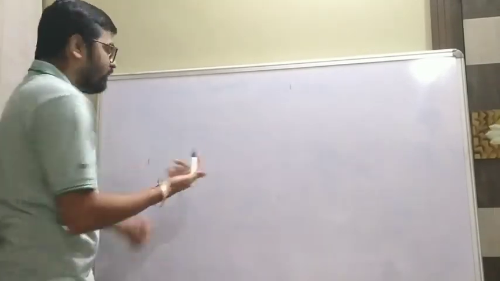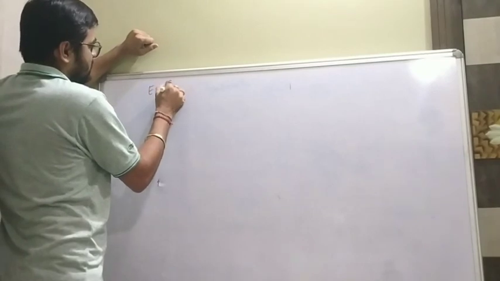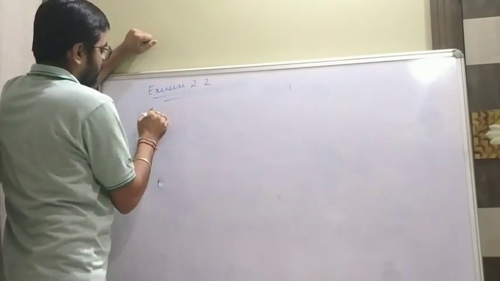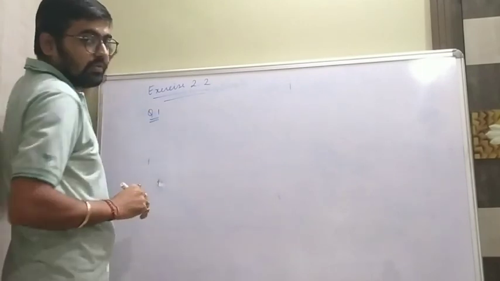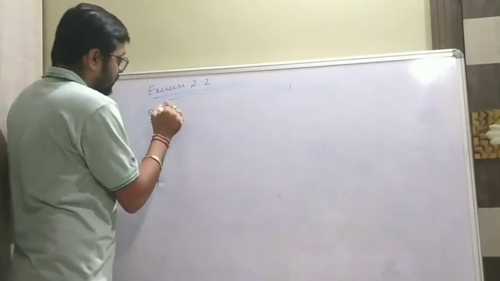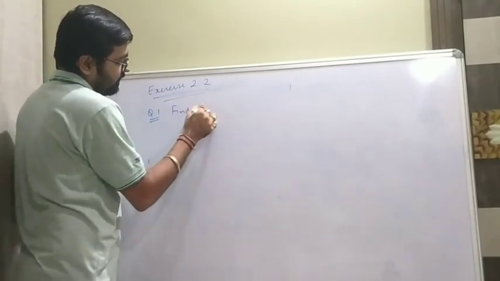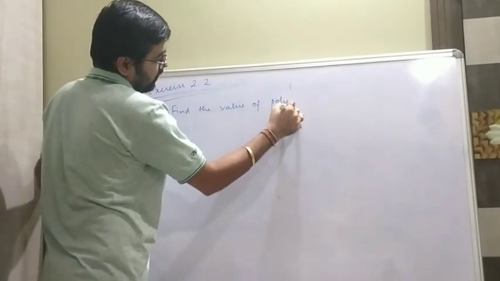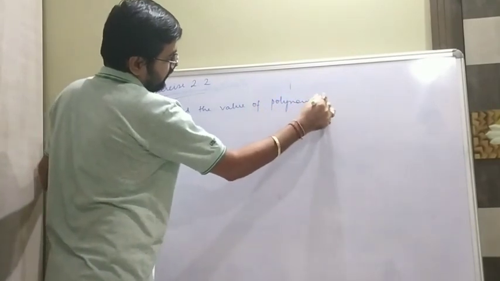Okay, so let's go for exercise 2.2, question number 1. Simple. So what do we have in question number 1? Find the value of the polynomial.